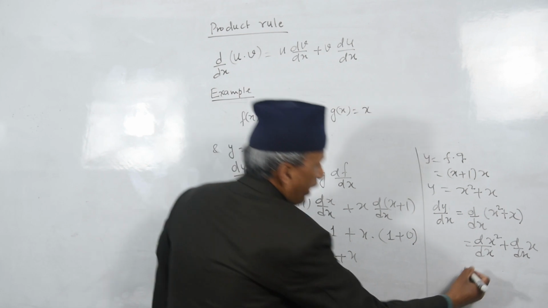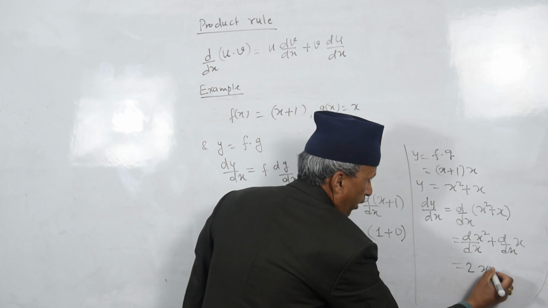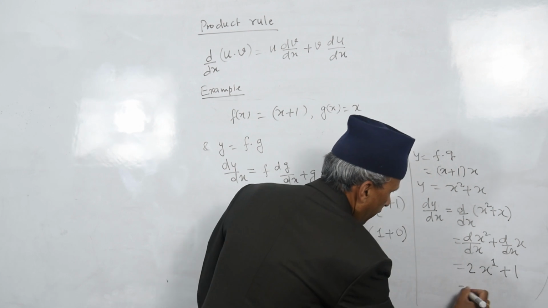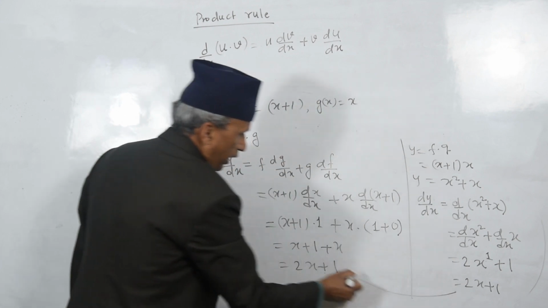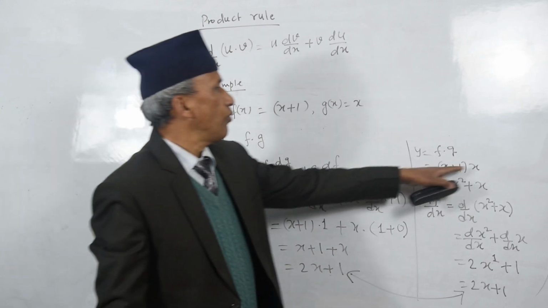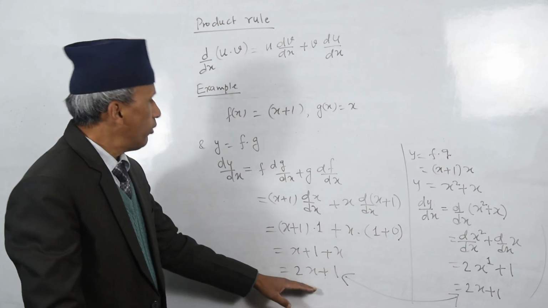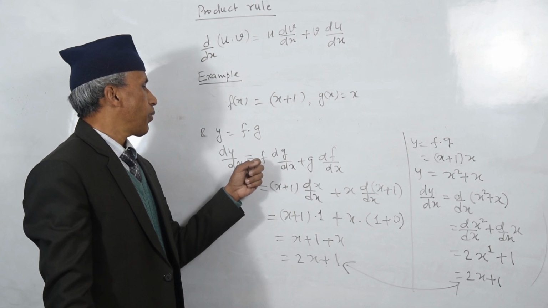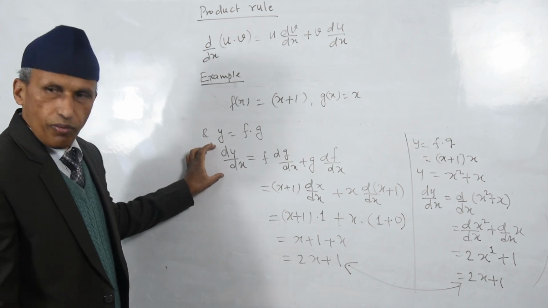By power rule, the derivative of x square is 2x, and the derivative of x is 1, so it is 2x plus 1. Both of these are the same. Just check it. So multiplying these two functions and differentiating with respect to x is similar to using the formula for the product of two functions.